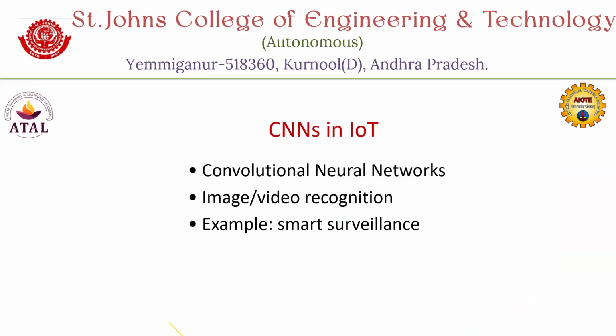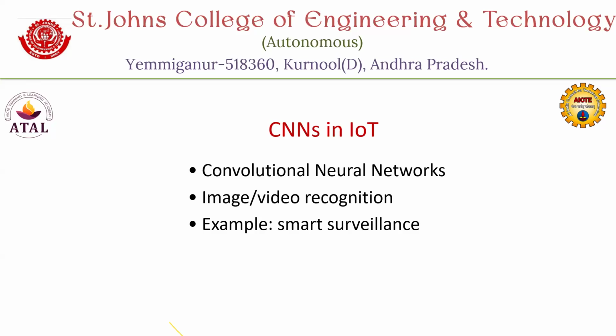Convolution neural networks are used in smart surveillance systems to detect suspicious activities. Basically, they are used for image and video recognition. As you know, for image processing or video processing, the convolution neural network plays a very important role.